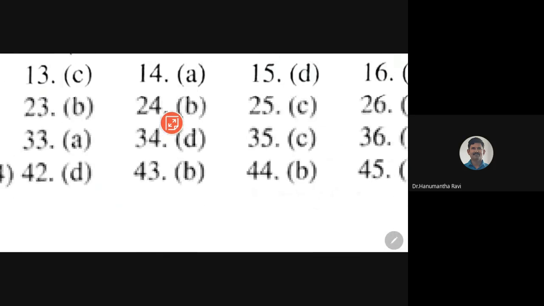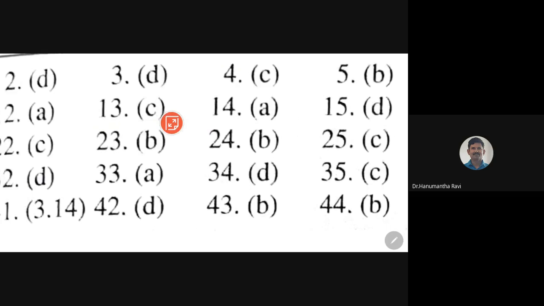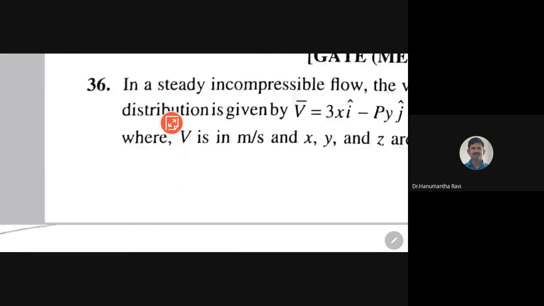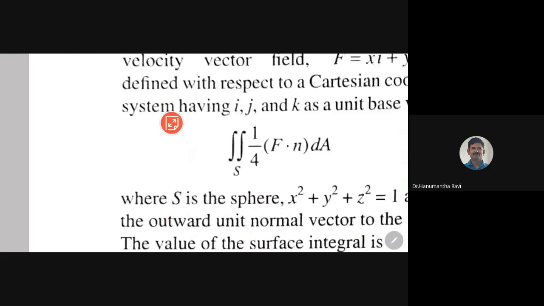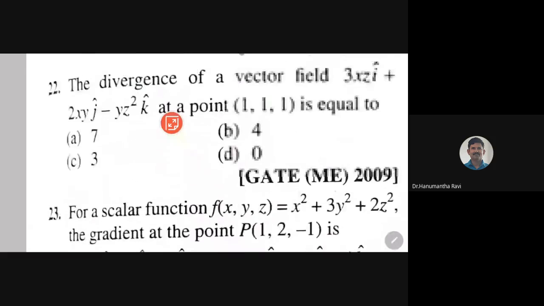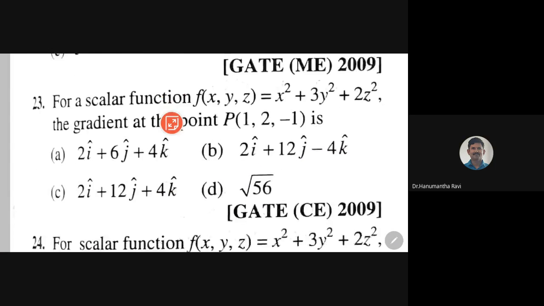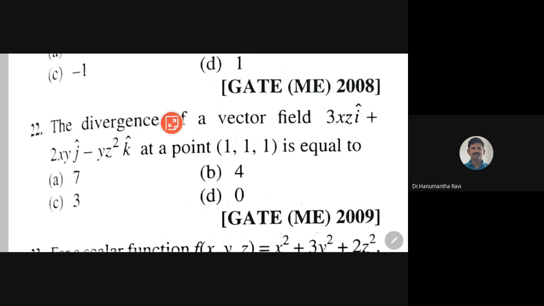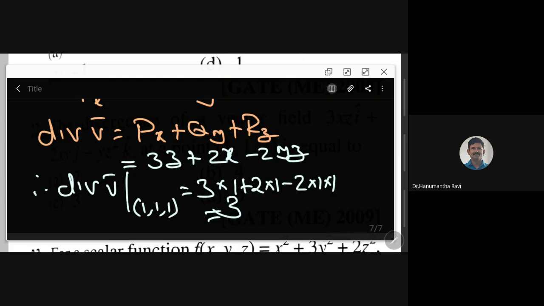Option B is right. 3 plus 2 is 5, minus 2, because what is Rz value here?